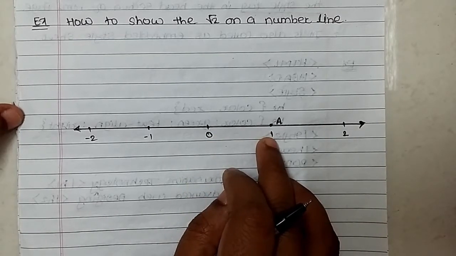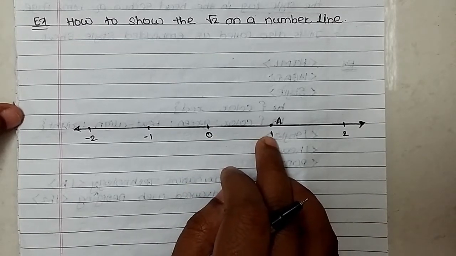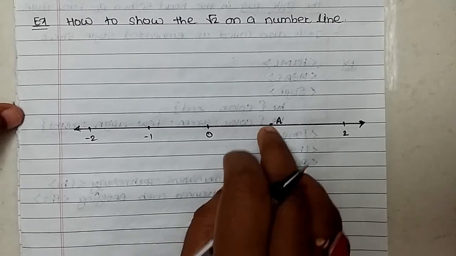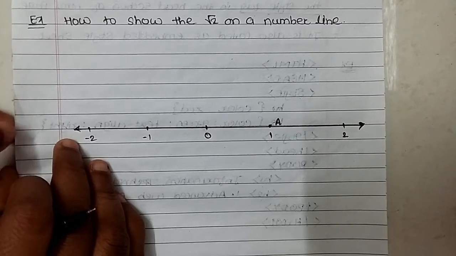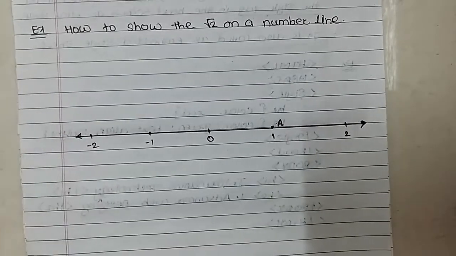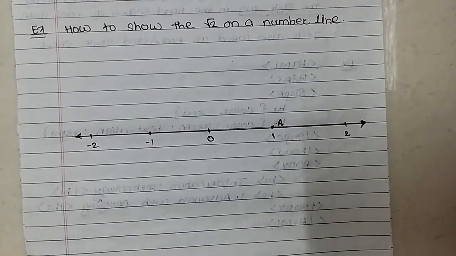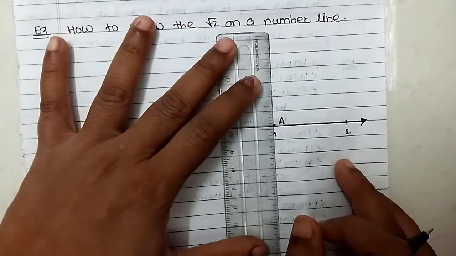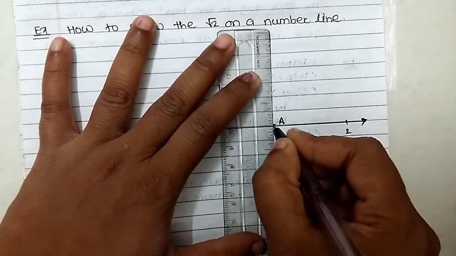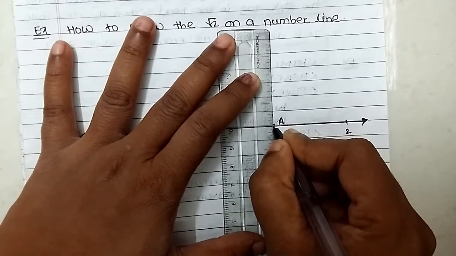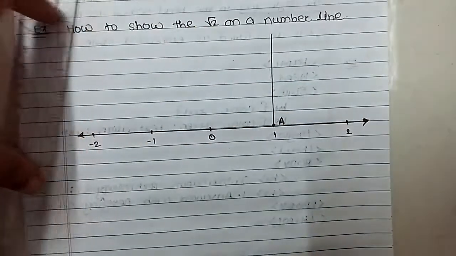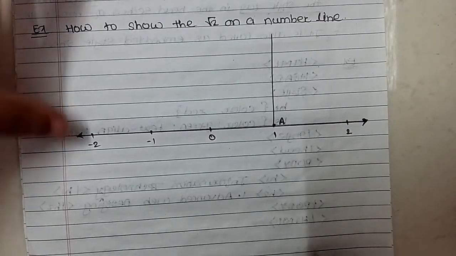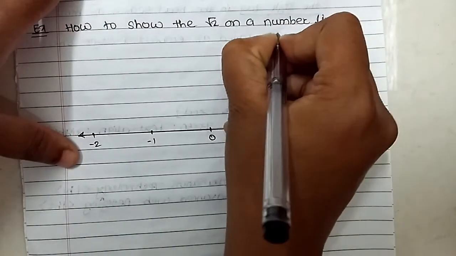Now draw the perpendicular to the number line through point A. So I will draw it here like this. This is the perpendicular line, that is L.